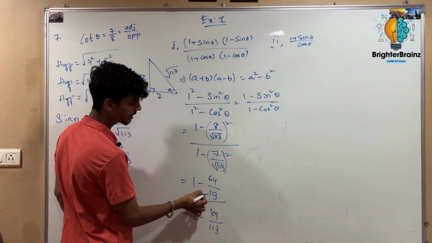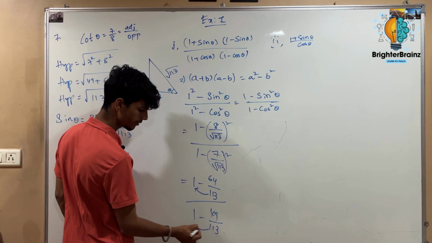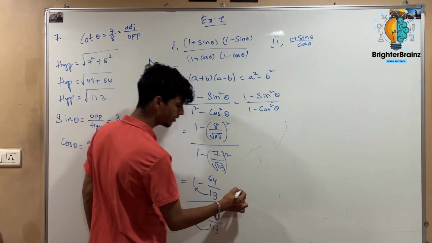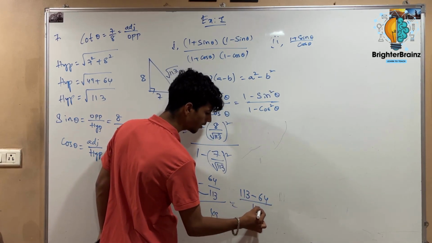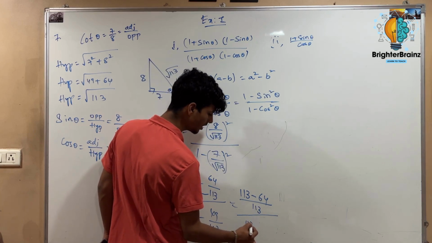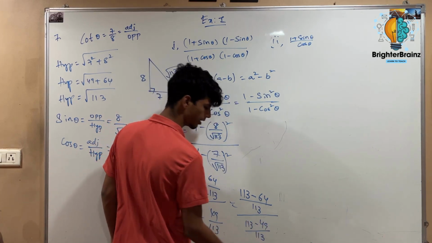Till now we got it. So let us cross multiply this. Multiply 113 with this 1 and this 113 with this 1. So it becomes 113 into 1, 113 minus 64 whole divided by 113, and in the denominator part 113 minus 49 whole divided by 113.